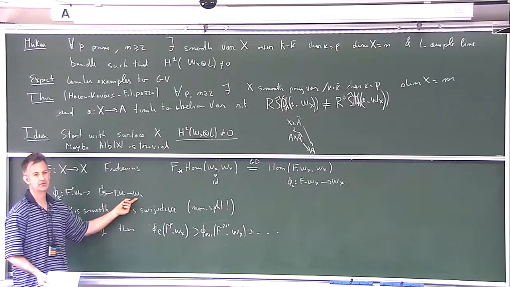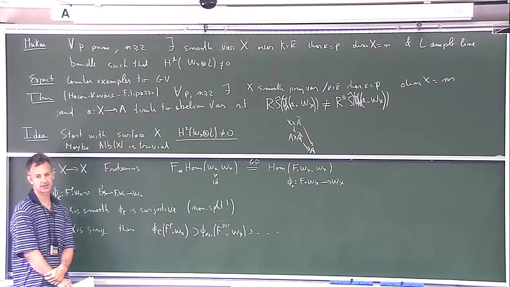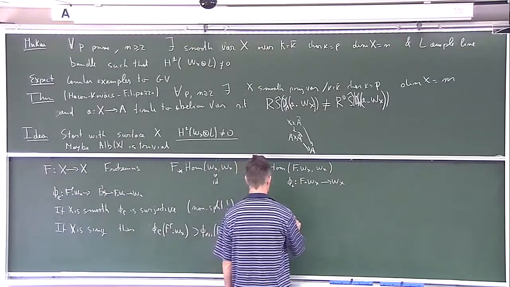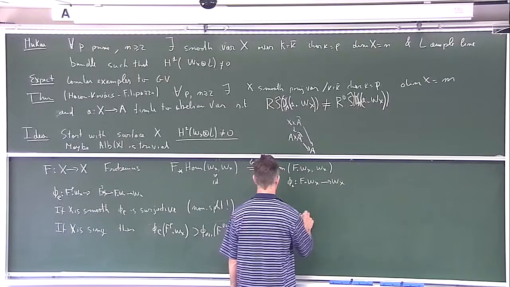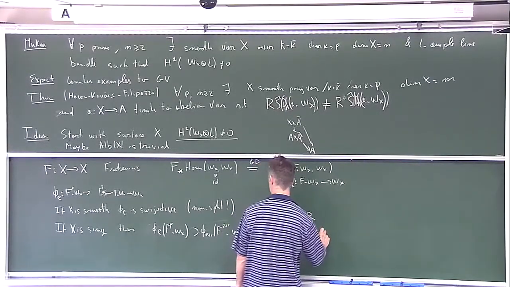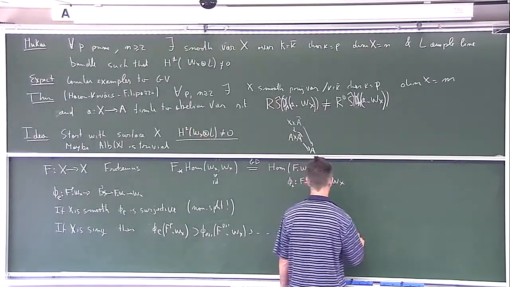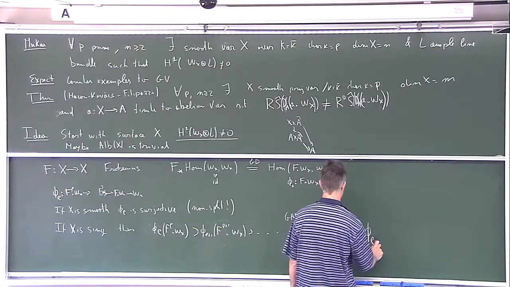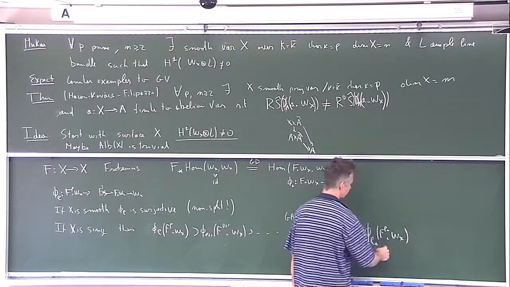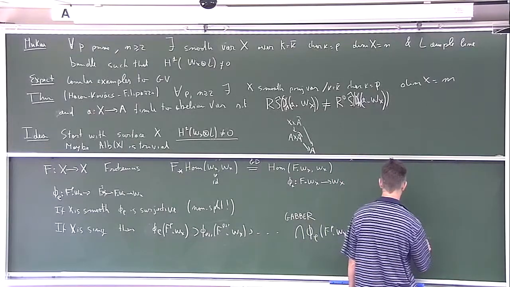And this is worrisome because you expect that this descending chain may not stabilize. But in fact, by a theorem, I think this is due to Gabber, the intersection of these images is actually equal to phi^e for any sufficiently big e. They all match.